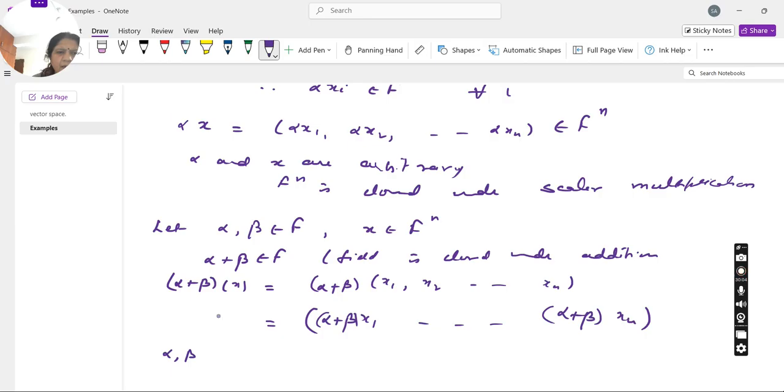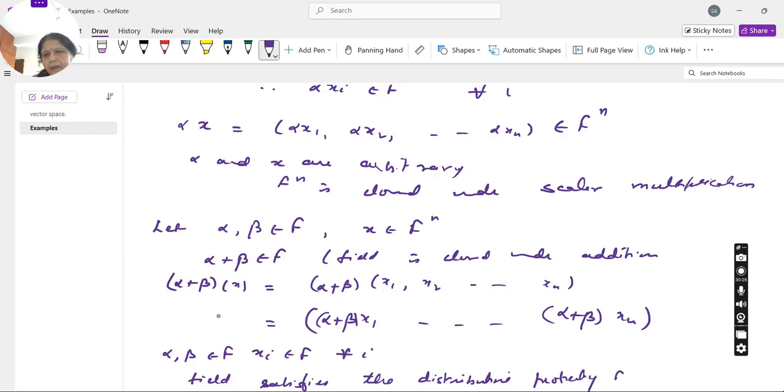Alpha, beta are in F, and xi is also in F for all i, and the field satisfies the distributive property of multiplication over addition.